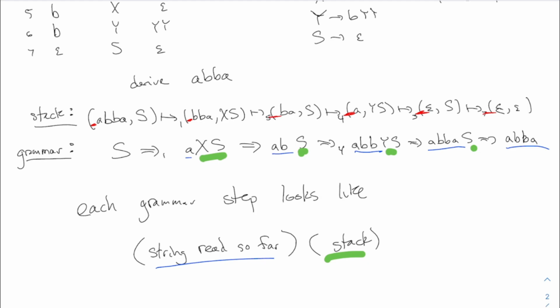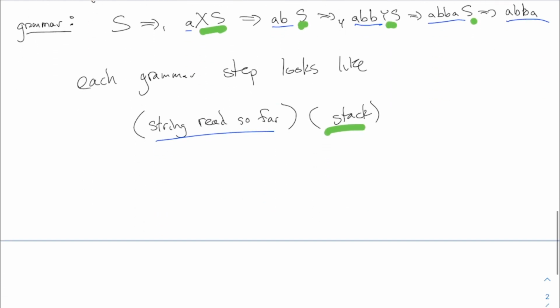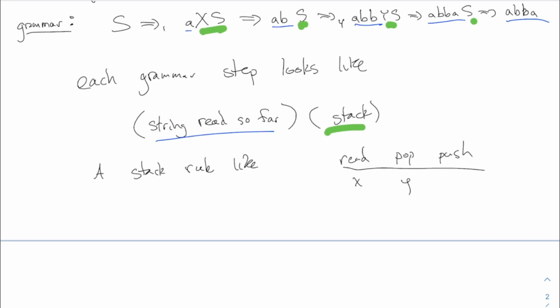Now a stack rule, if it said read X, pop Y, push Z, what should happen when I do that stack rule? If you want to do that rule, it means the stack has to have a Y on the front of it.